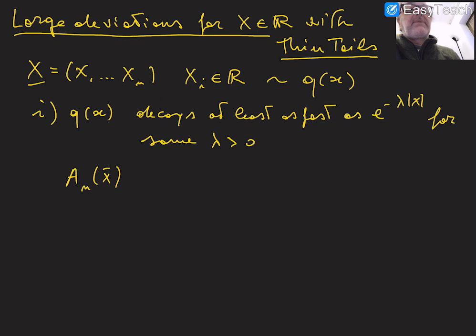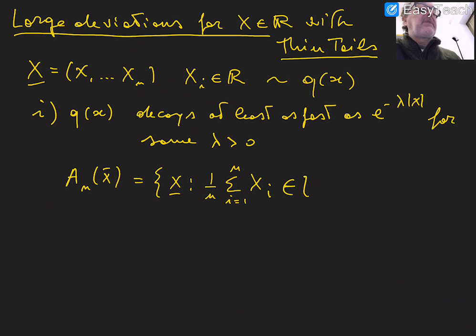Now, however, I have to define this large deviation event as the event that for my sample, the mean of the xi is in an interval x bar plus dx bar, because the random variables are continuous.